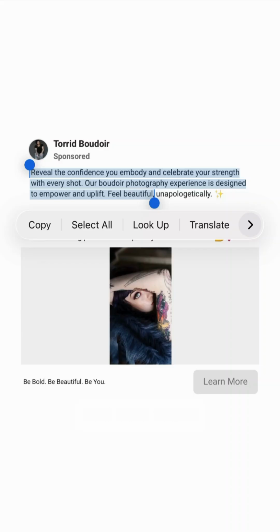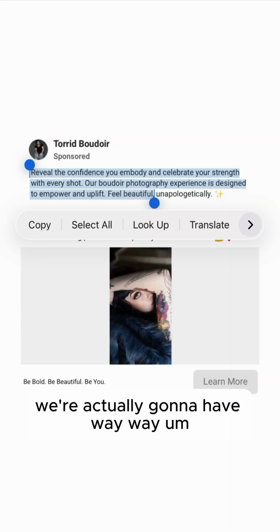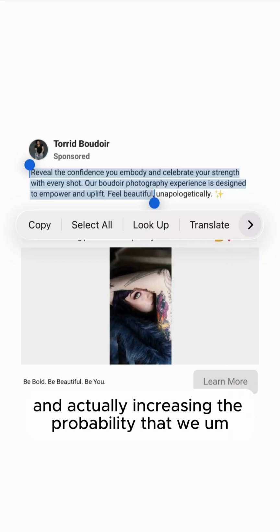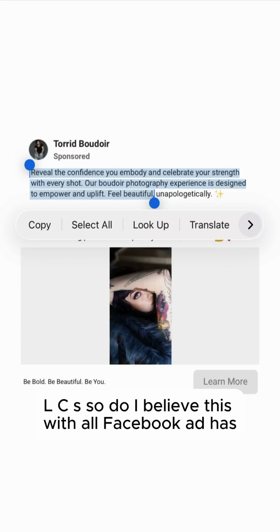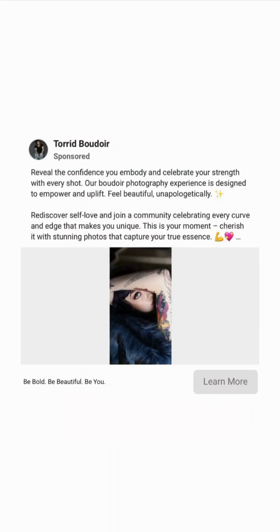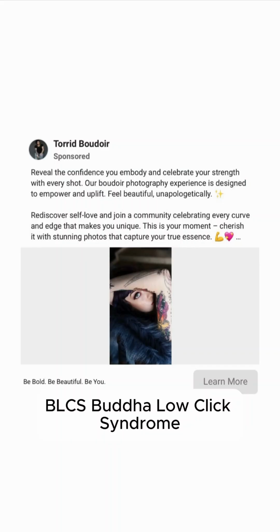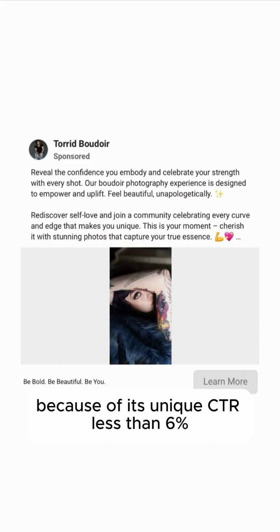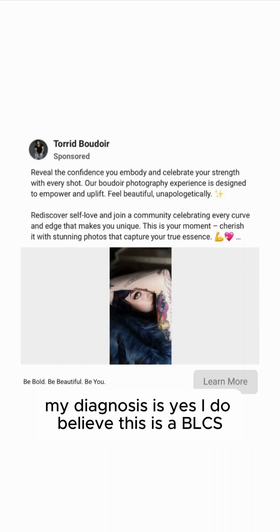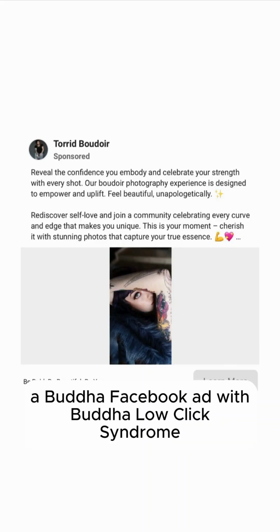As a result, it's going to be pulling our unique CTR all under 6% and increasing the probability that we have BLCS. So, do I believe this Boudoir Facebook ad has BLCS, Boudoir low click syndrome, because of its unique CTR all less than 6%? I'm going to say yes. My diagnosis is yes. I do believe this is a Boudoir Facebook ad with Boudoir low click syndrome.